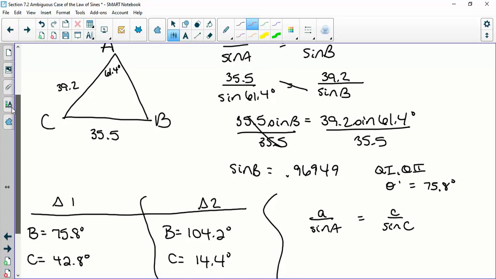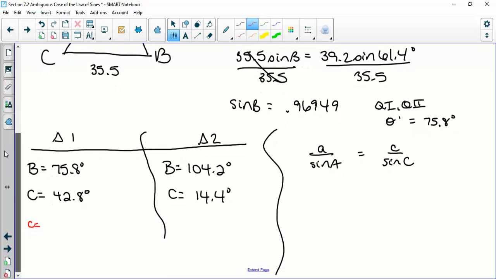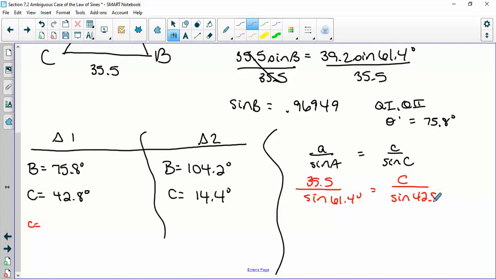So we would have 35.5 divided by the sine, angle A was 61.4, equals C over the sine of 42.8 degrees.